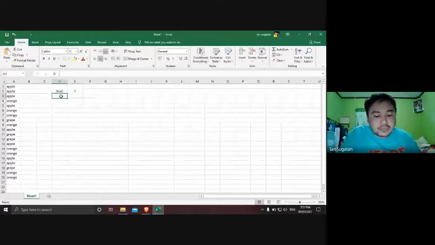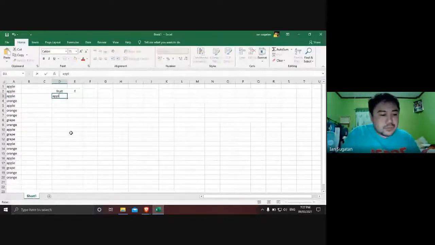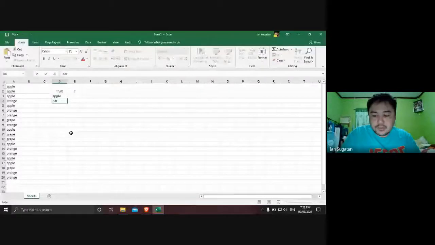So we have three kinds of fruit: apple, orange, and grape. And we have N for the total. For the total, we have 20 fruits.